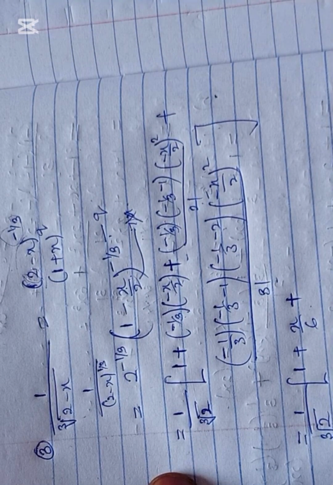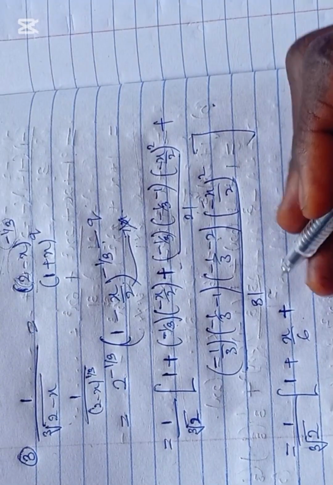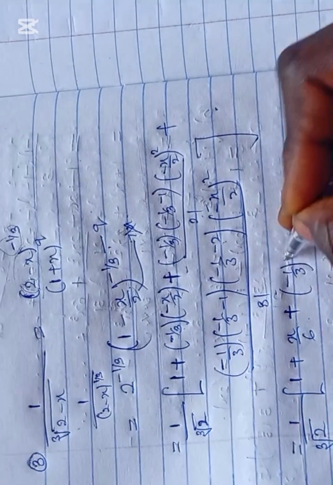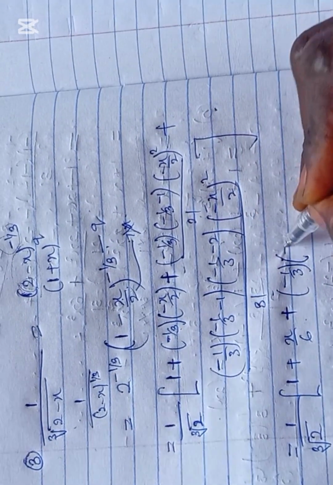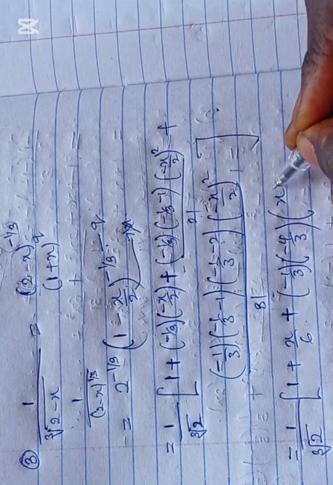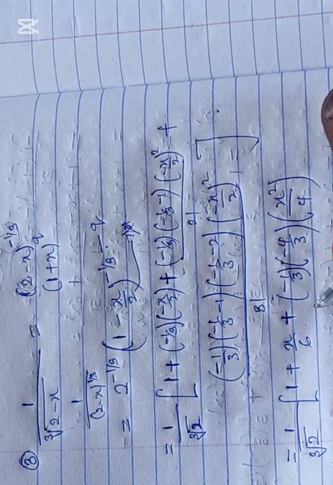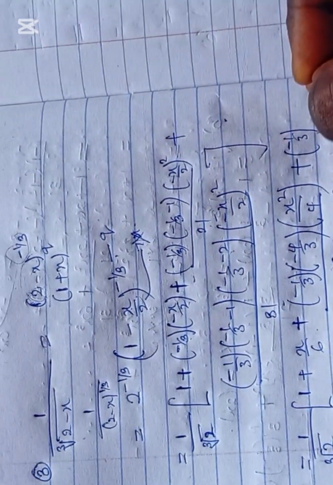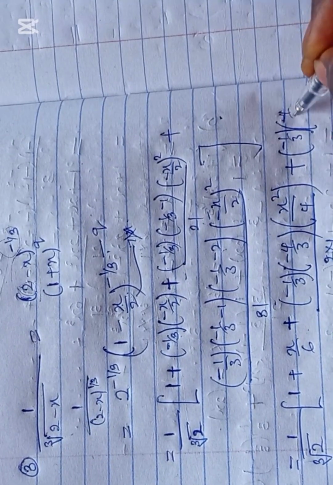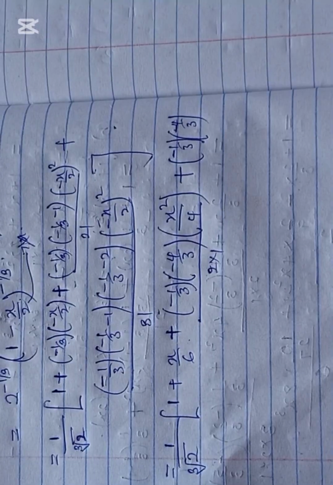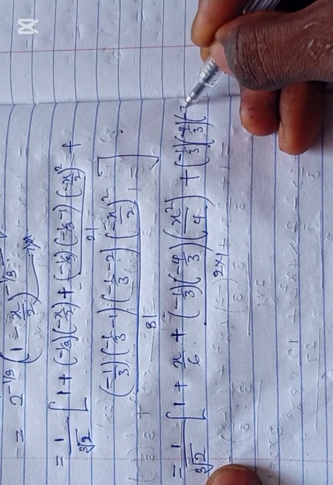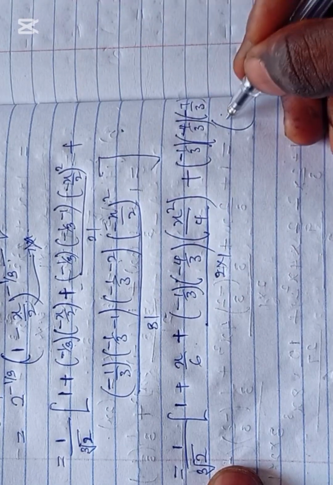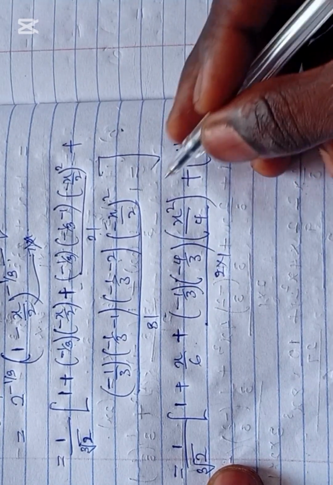Okay, let us simplify this one. Minus 1 over 3 multiplied by minus 1 over 3 minus 1 will give us minus 4 over 3 into x squared over 4, everything over 2 times 1, plus minus 1 over 3 into minus 1 over 3 minus 1, minus 4 over 3, and this one will be minus 7 over 3, multiplied by this x will give us minus x cubed over 8 raised to power 3.